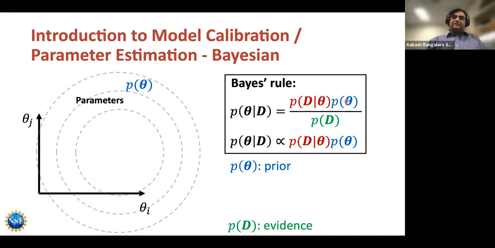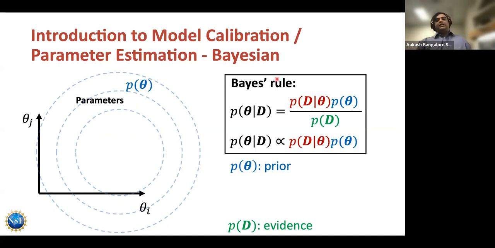The first term here in blue is also called the prior probability distribution. So in the Bayesian approach, or the probabilistic approach, all the unknown values, here our unknown is the parameter value, are treated as random variables. And the uncertainty in the parameter values is expressed through a probability distribution.